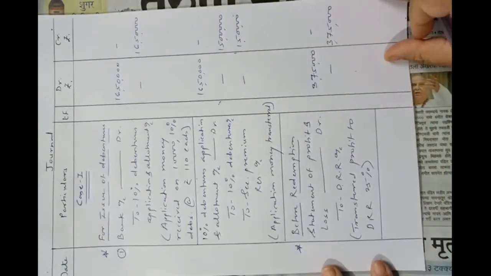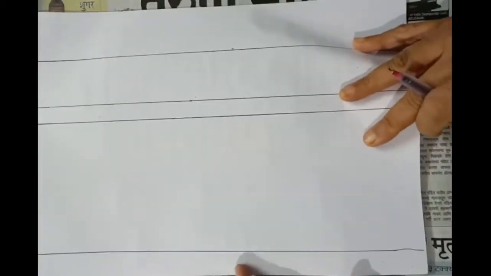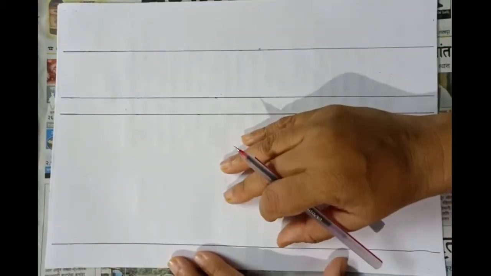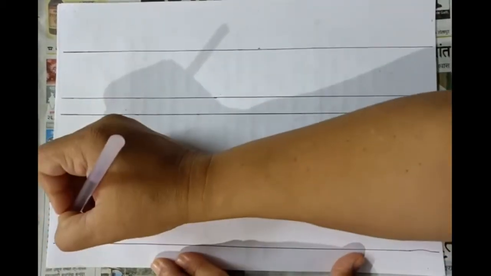Then they will pass the entry of investment purchase, that is 15% amount invested in government securities. Okay, so let's pass this entry, that is debenture redemption investment account debit to bank account.